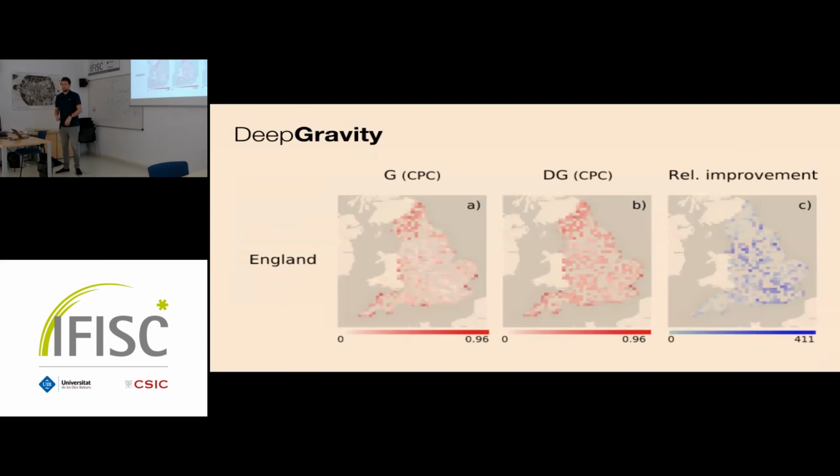But what is more interesting is the relative improvement, the difference between the central map and the first map, again this accuracy, simply shown on a map. The greatest relative improvement, if you look at map C, is over the cities. For example, London here, and other big cities here in the north.